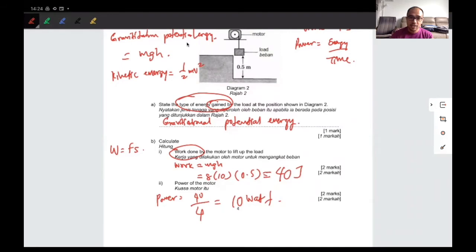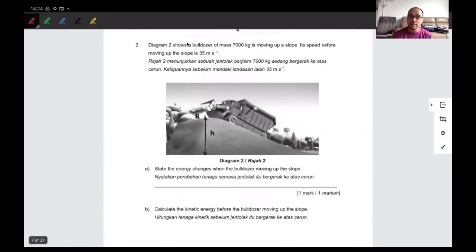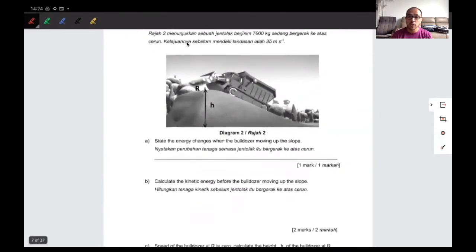So, type of energy gain. They only want one type of energy. But in this question, Penang question number 2, they are asking for an energy change. So you have to go from one energy to another energy.